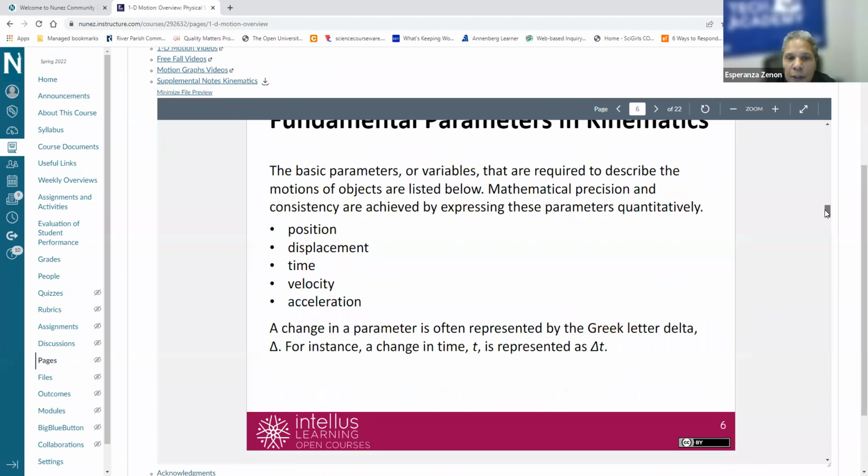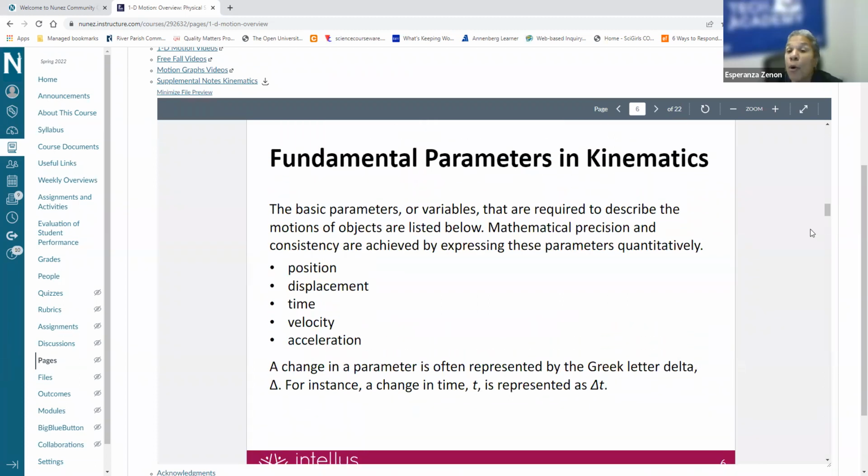And so there are some fundamental parameters, properties. That's a word I like to use. There are some fundamental properties that we study in kinematics. Okay. And we use mathematics to help us express these parameters quantitatively. Remember, that's saying what? We use measurement.